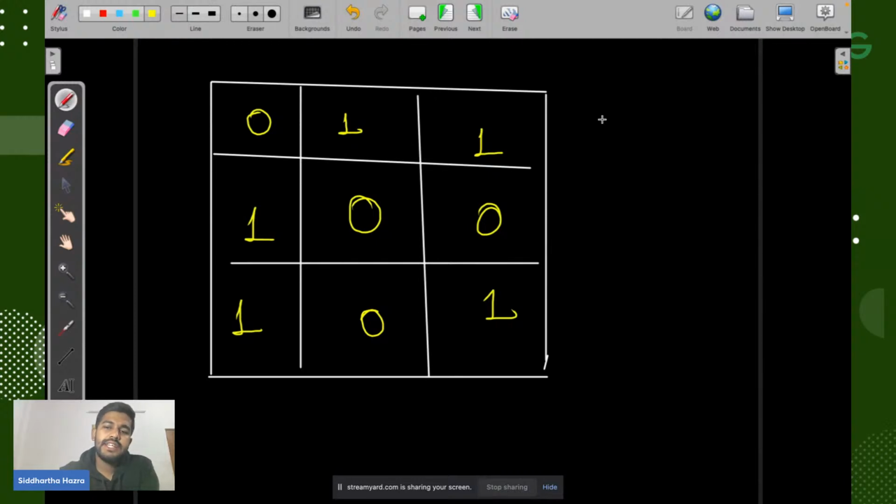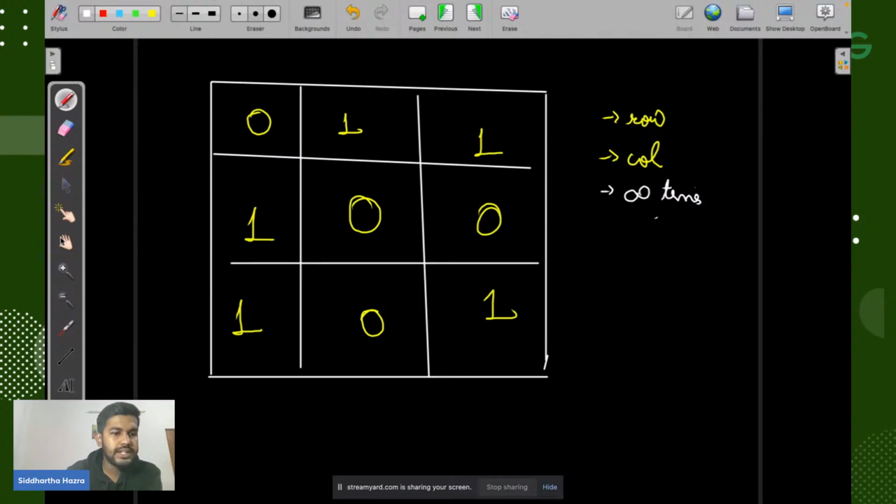So now it is said that we can select any row or we can select any column, and we can select it any number of times, like x number of times or infinite number of times. So I would just write infinite times. I can simply choose any row and column, and then I can flip the bits of that particular one.